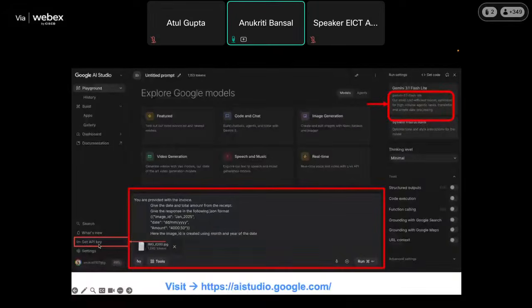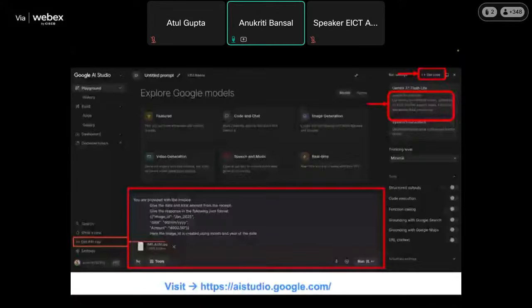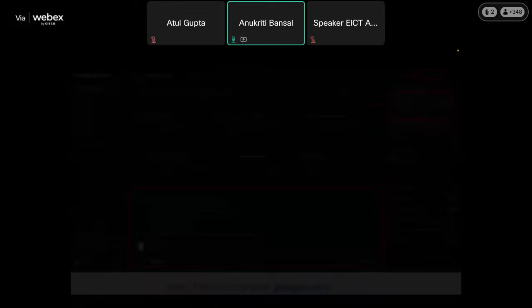If you click the API key, you have to provide a name and follow the process, and you will be able to create the API key. Once you have checked your model prompt, you want starter code from where you can begin, right? If you click here, you will get some starter code, and you can modify that starter code and design your application.